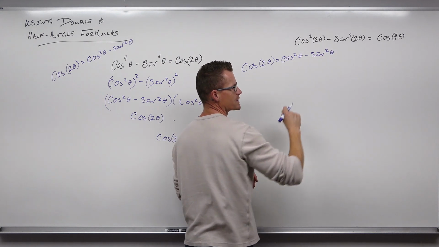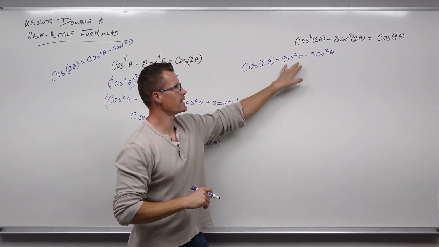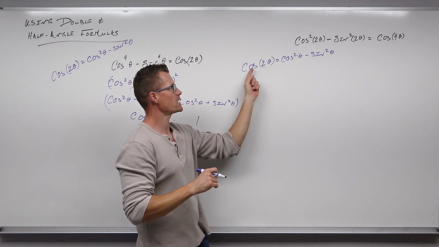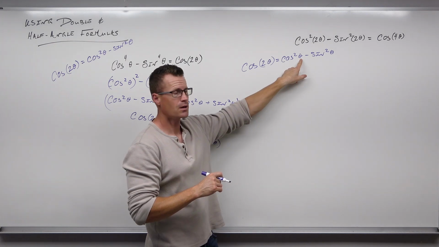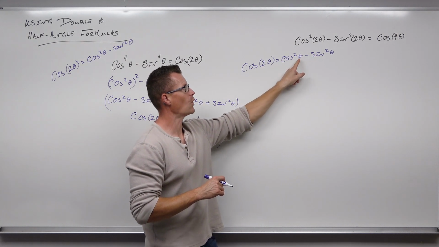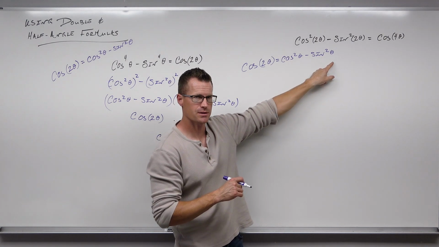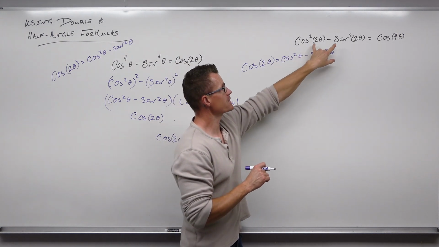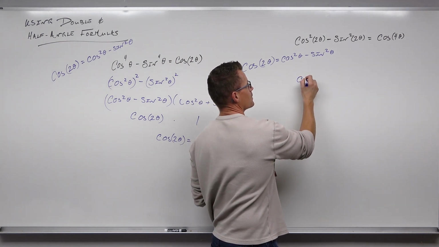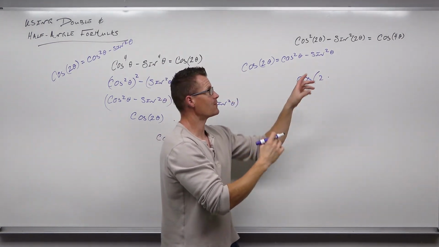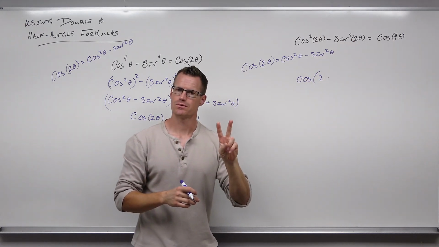Here's what this really says. It says you can write cosine squared theta minus sine squared theta as cosine of 2 times whatever that angle is, as long as they're the same, which they are. So this can be written as cosine of 2 times whatever that angle is, which is 2 theta.